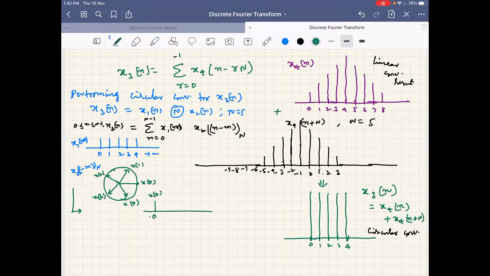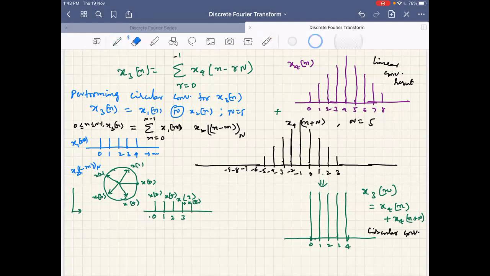And at 1, what should I write? I should write it as this sequence, so x of 4. At 2, what should I write? x of 3. And at 3, x of 2.